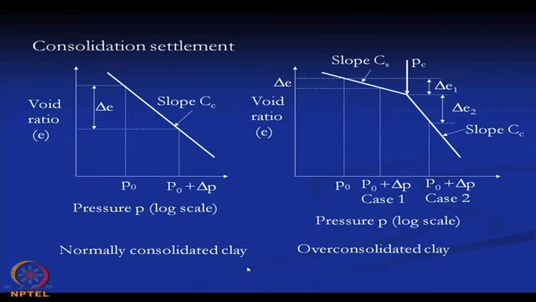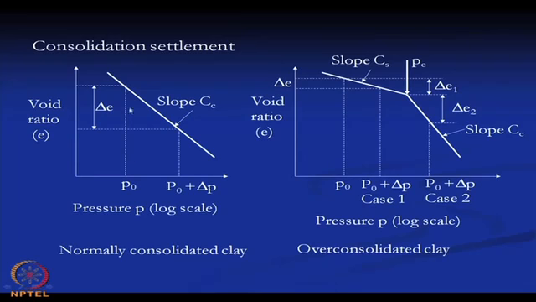In the normally consolidated clay, this is the typical loading path that we will consider, the straight portion. The slope of this curve is the compression index CC, as I mentioned.